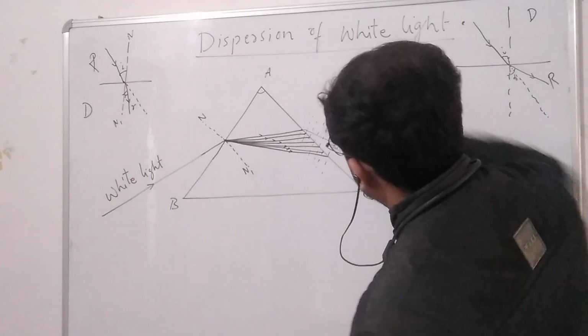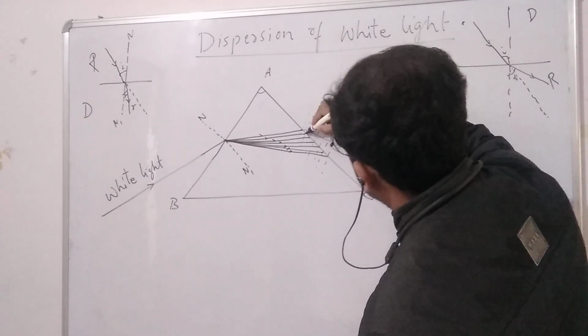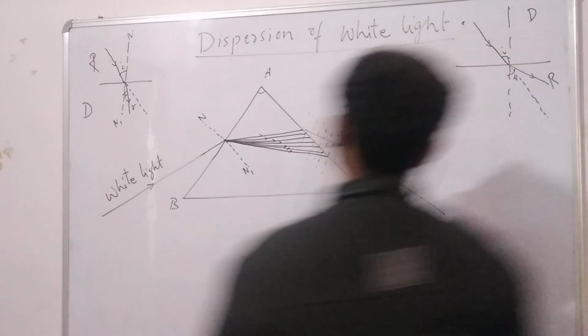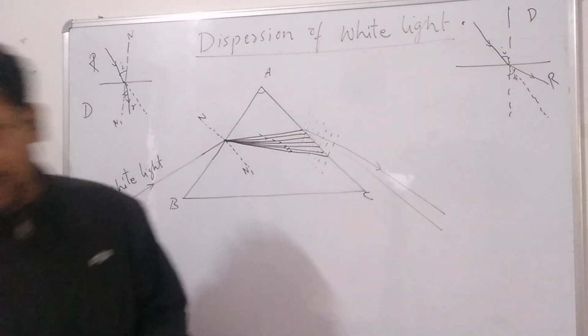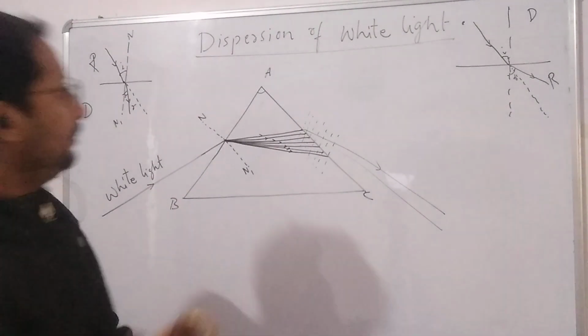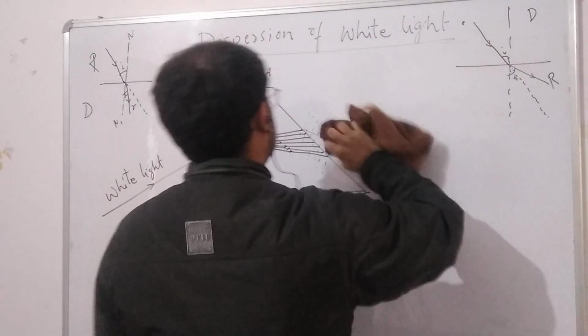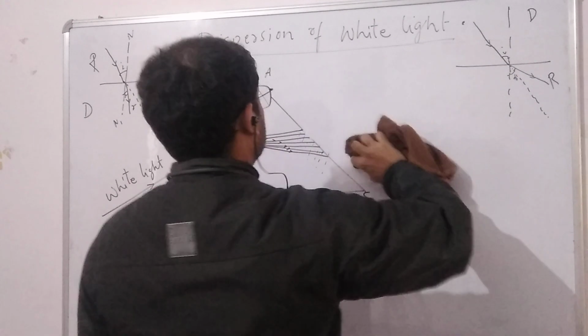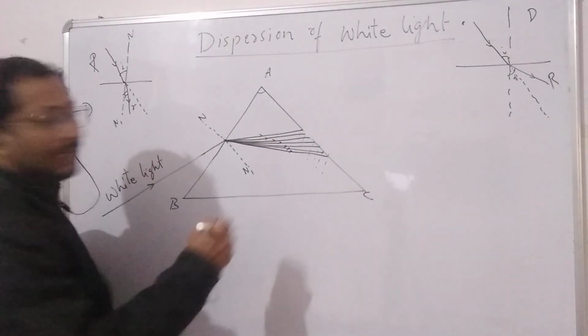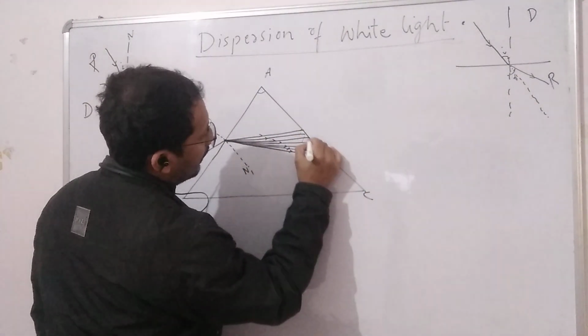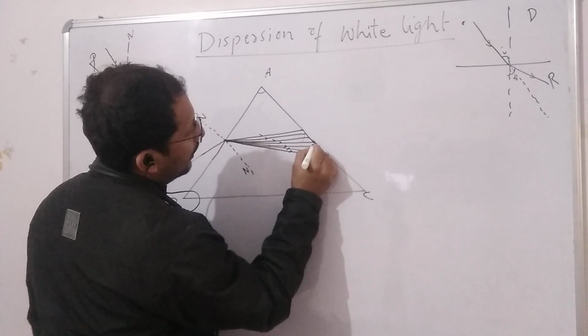So all the light which is falling will fall towards the base. See, more clearly I will show you. When you draw the normal line there, then what will happen?